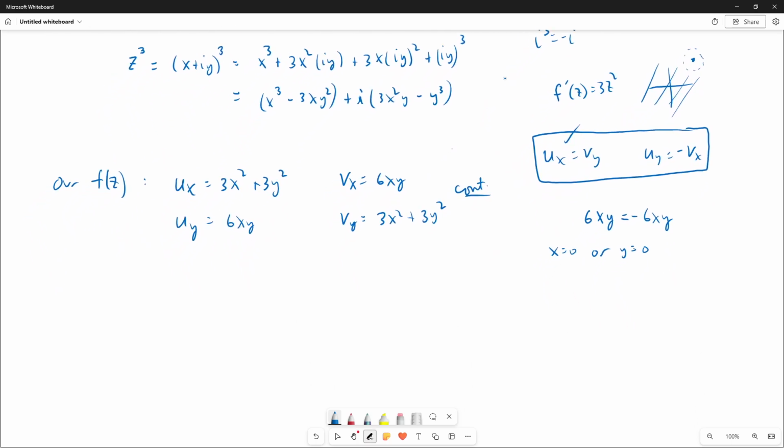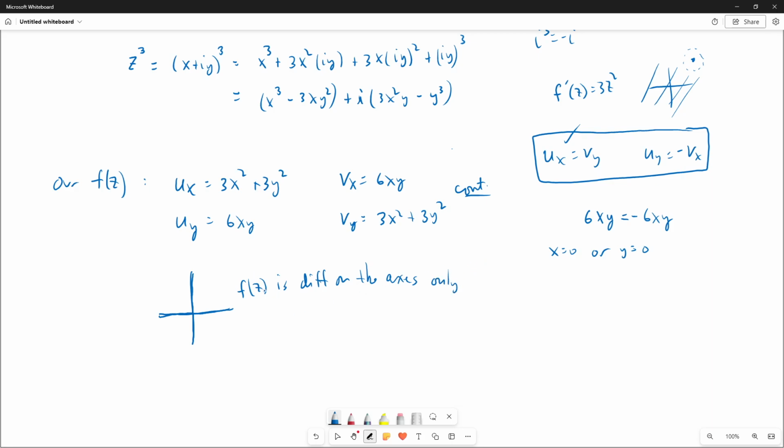So we can conclude that our function, f of z, that was given in the problem, is differentiable on both the x-axis, which is y equals 0, and the y-axis, which is x equals 0. So f of z is differentiable on the axes and nowhere else, because this second equation is only satisfied if x is 0 or y is 0. So f of z is differentiable on the axes only, nowhere else.